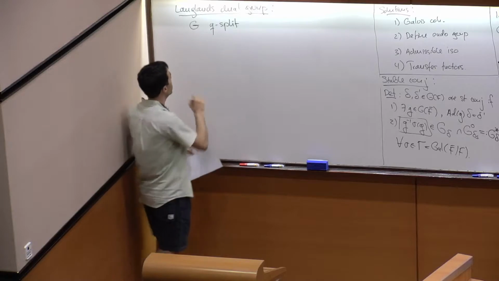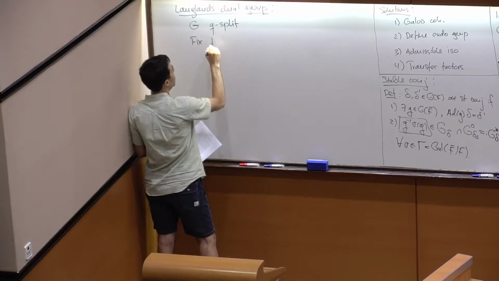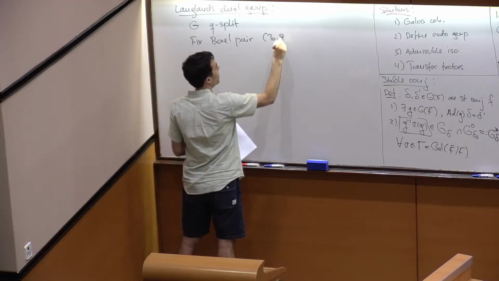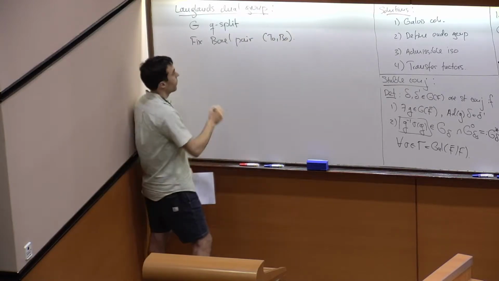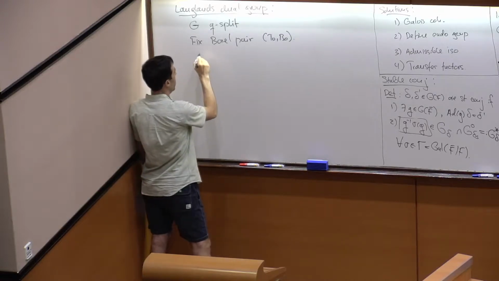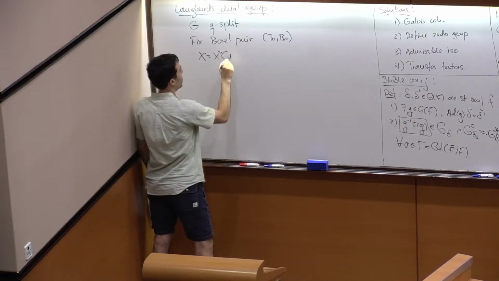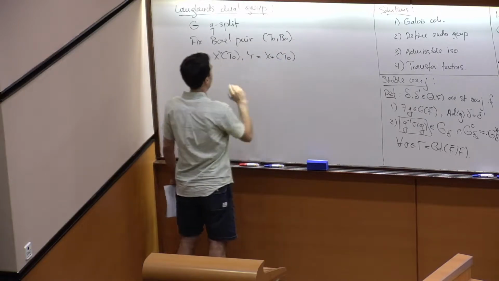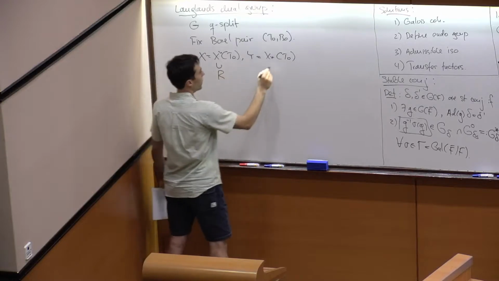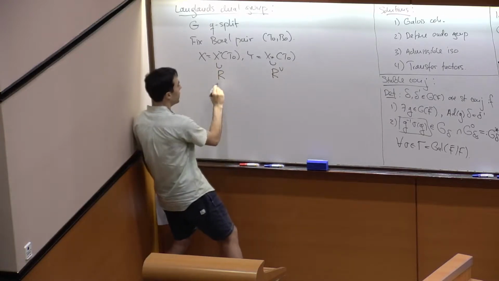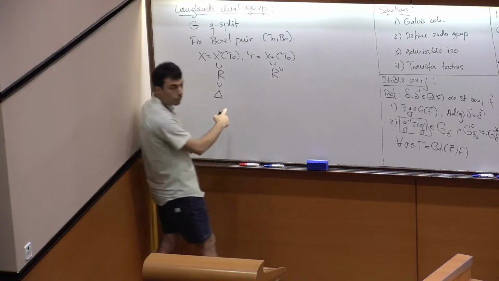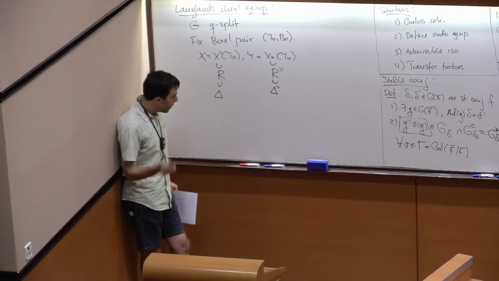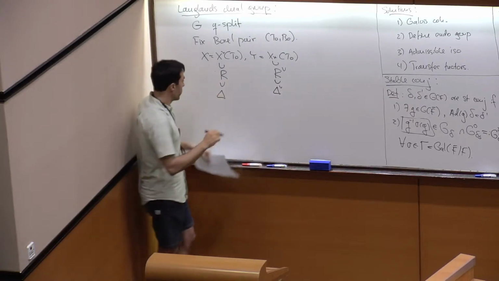So G is quasi-split. Fix a Borel pair, T0, B0. Then from that Borel pair we'll obtain, well, of course we have the character module and the co-character module of the torus, and inside of here we have the root system, inside of here we have the co-root system, and inside of the root system we have the set of simple roots because we have fixed the Borel, and inside of the co-root system we have the set of simple roots.